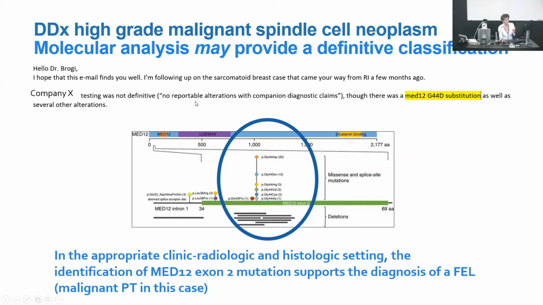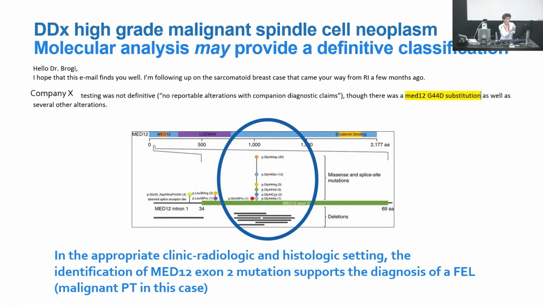And they did not find any reportable alteration, but they found this MED12 G44D substitution that is exactly one of the alterations characteristic of the MED12 exon 2 alterations we find in fibroepithelial lesions.